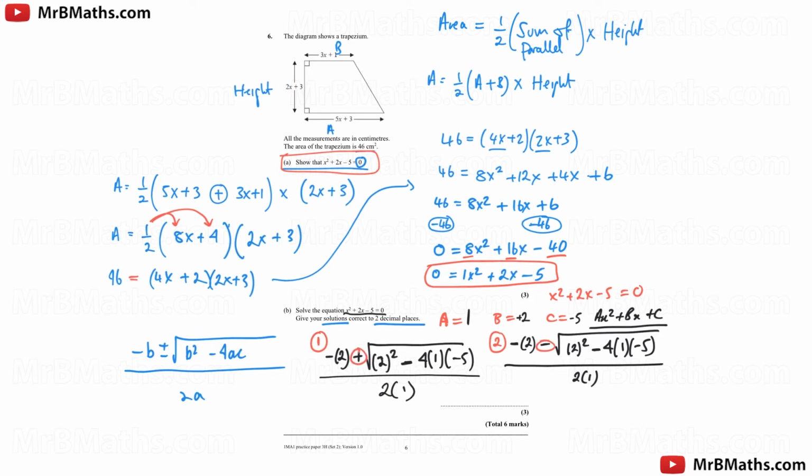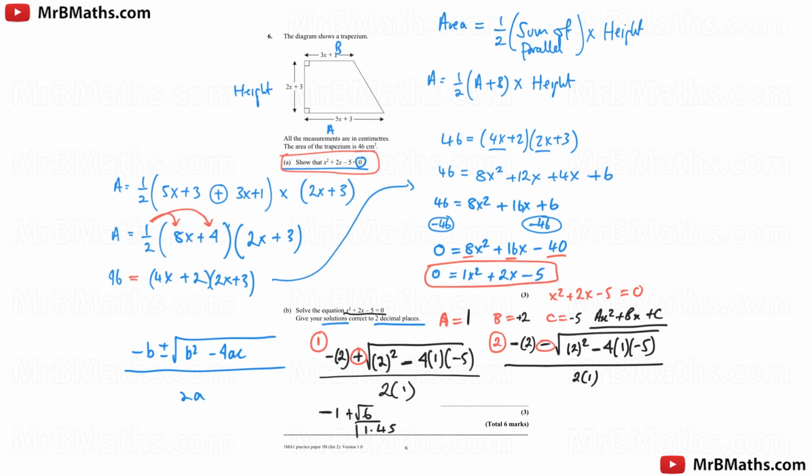So by doing that in the calculator, for the plus I get minus 1 plus root 6, which is plus 1.4494. So to 2 decimal places, that's going to be 1.45.